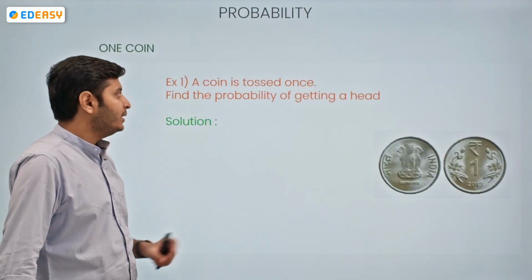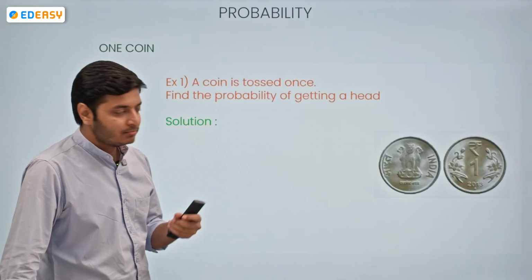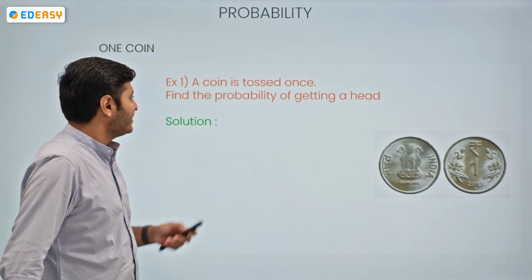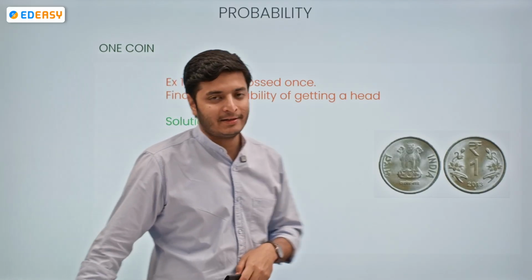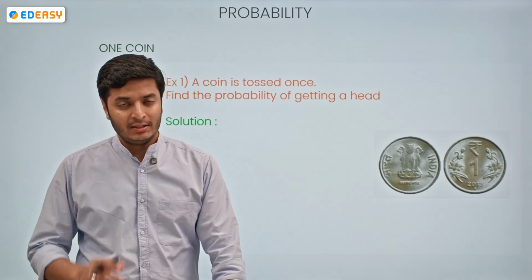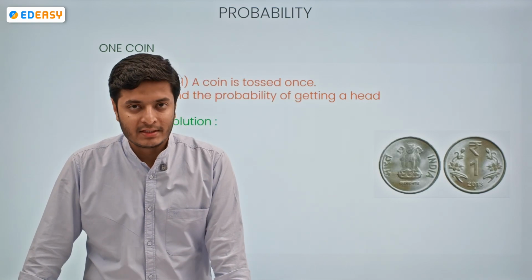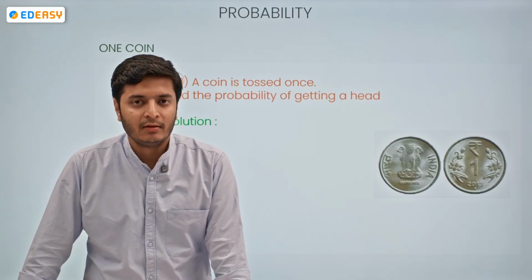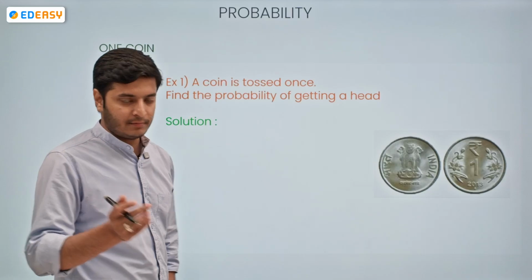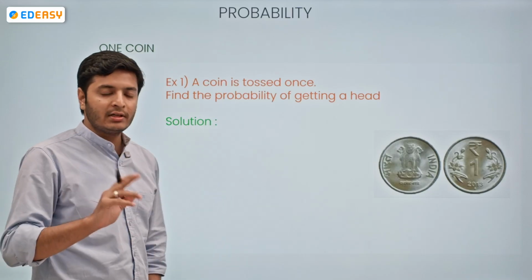Example number 1: a coin is tossed once. Now find the probability of getting a head. So if we are tossing a coin, there are two things. Either it is going to land facing heads up, or it is going to land facing tails up, correct? So I'm going to write the sample space first because we are only tossing a coin once.